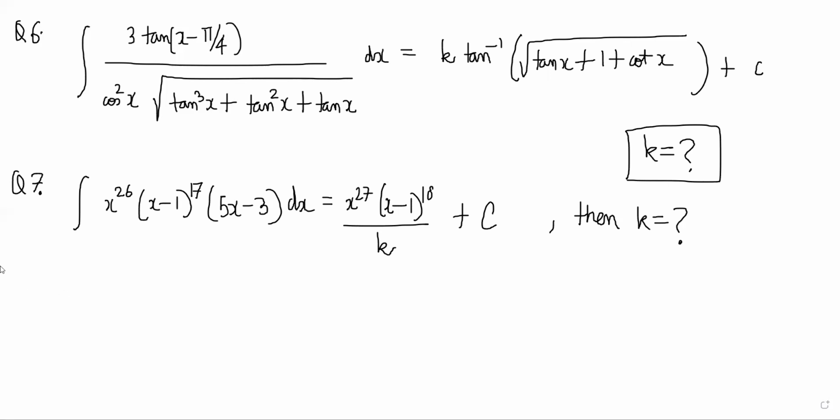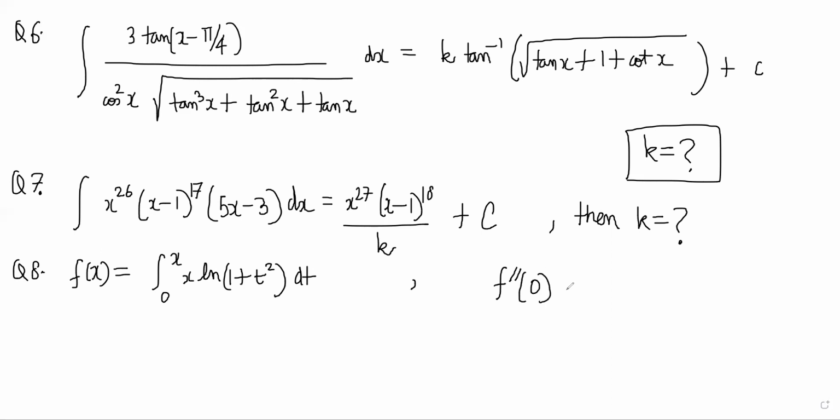And next one is f(x) is equal to the integral from 0 to x of ln(1 plus t square) dt. You have to find f double dash 0.